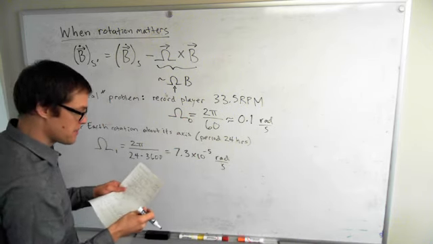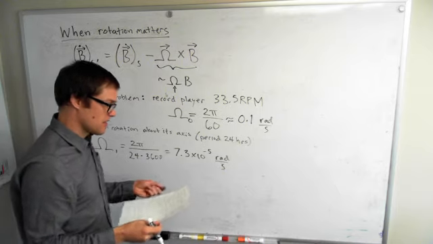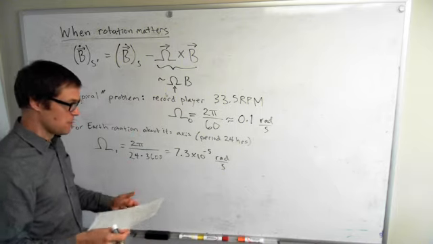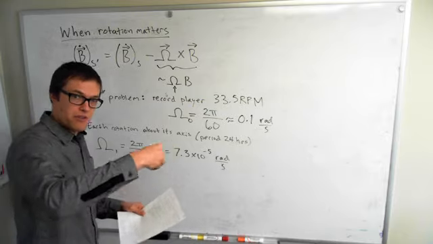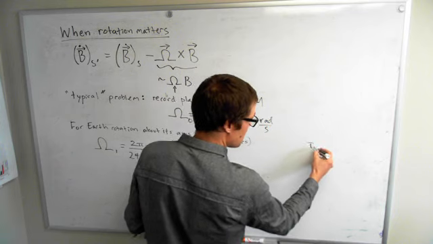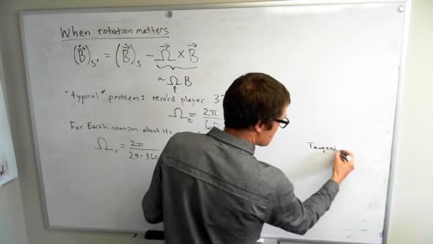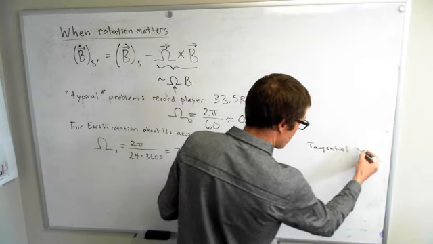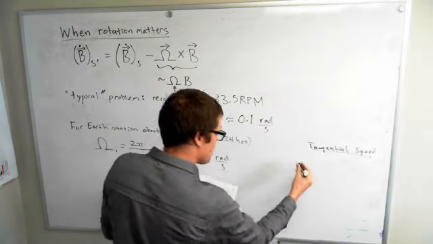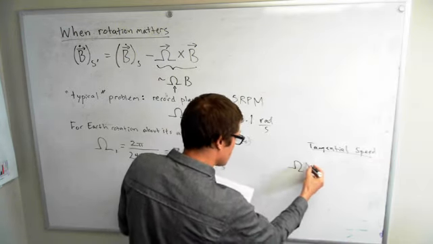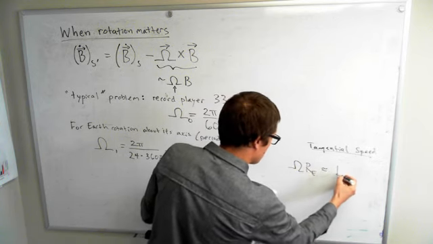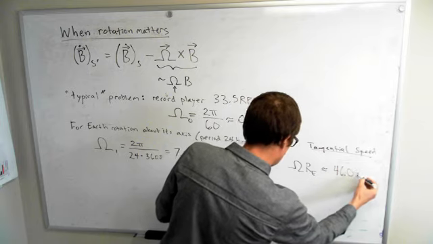And this is in spite of the fact that intuitively you might think the rotation of the Earth is somehow more intense because we're flying around, right? The tangential speed of us as we move around the Earth is omega times the radius of the Earth, which is something like 460 meters per second.